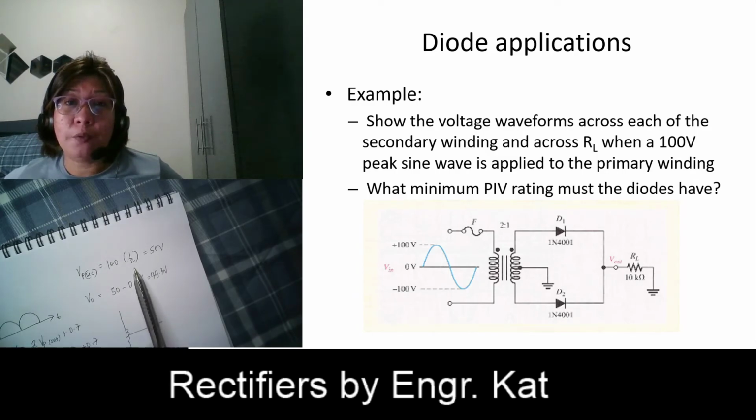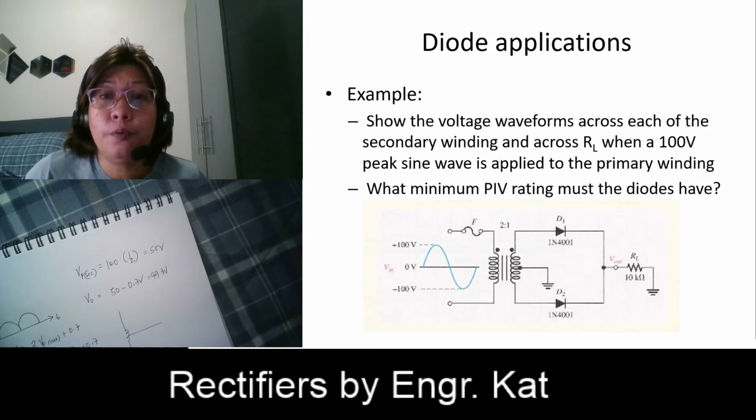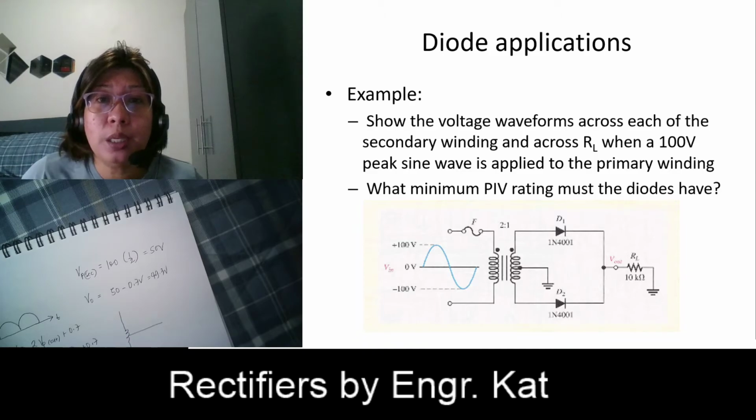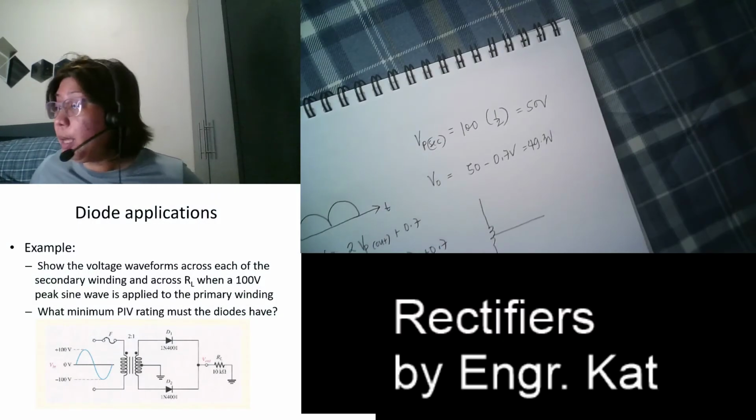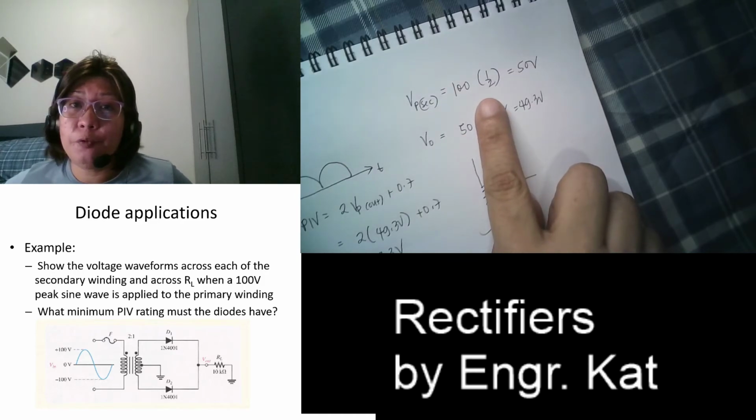So where did this 1/2 come from? Again, we have 2:1. So this is 2:1. Therefore, our N there is 1/2. So we are stepping down your input voltage.